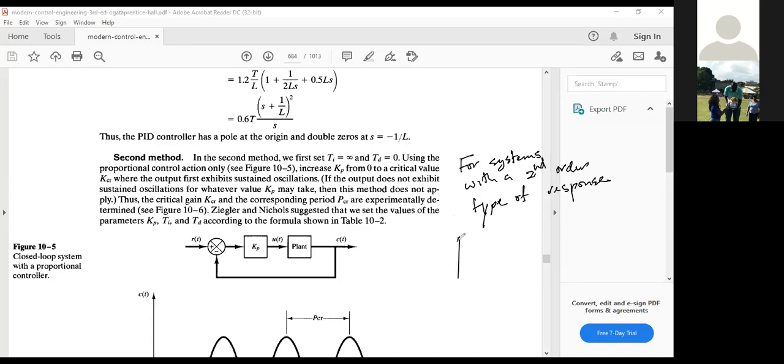Just to remind you, the second order type of response that we're talking about is one that does that. First order type of response is one that does that. So the second order response is one that behaves in that way. The method that we're going to talk about now is for second order types of responses.